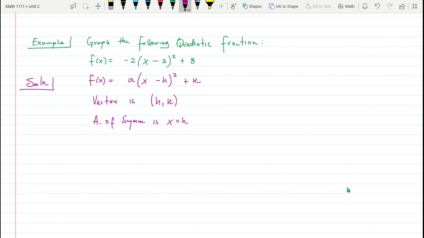So at least those are two things that we can easily figure out, right? So in this problem, we see that h is the number 3, and k is 8. So the vertex of the problem we're doing is (3, 8).